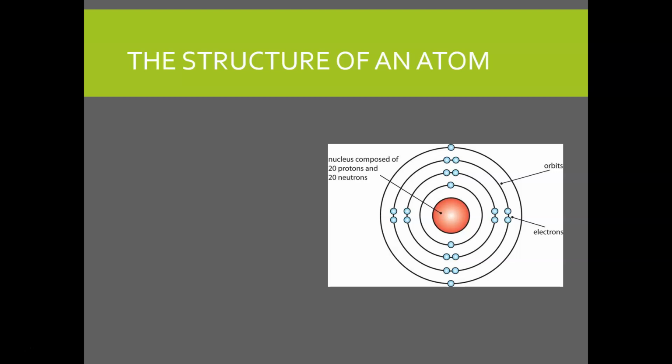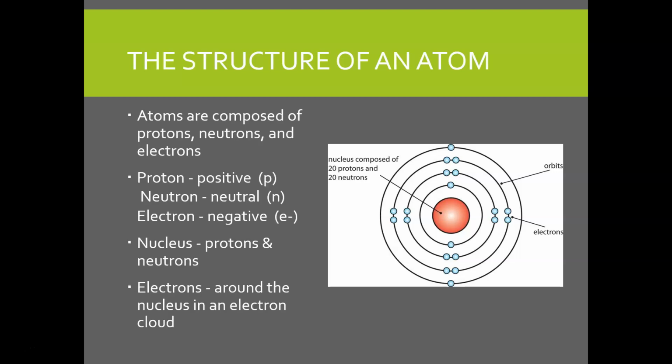So let's talk a little bit more about the structure of an atom. As I mentioned before, atoms are composed of protons, neutrons, and electrons. Protons are positive, and we often abbreviate them with a P, and neutrons are neutral, which we abbreviate with an N, and electrons are negative, but we often abbreviate them as an E- to remind us. The nucleus is composed of protons and neutrons, and the electrons are in the electron cloud around the outside.